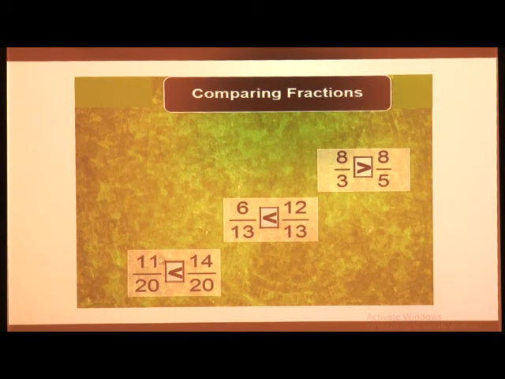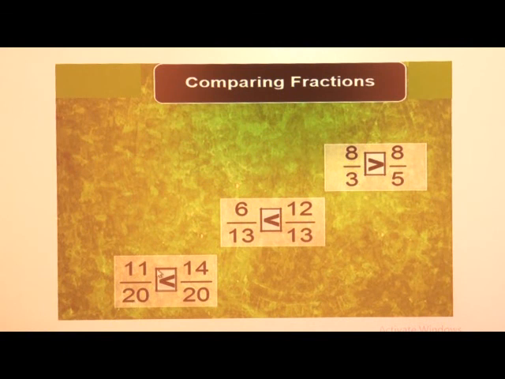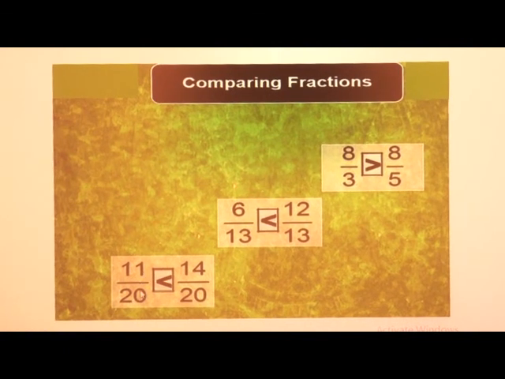Next we will see examples of comparing fractions, one by one. Here we have 11 upon 20, where 11 is the numerator and 20 is the denominator, and 14 upon 20, where 14 is the numerator and 20 is the denominator. Both are already like fractions because both denominators have the same number.